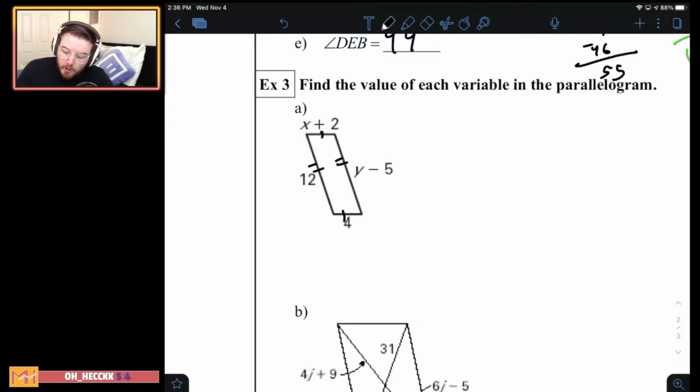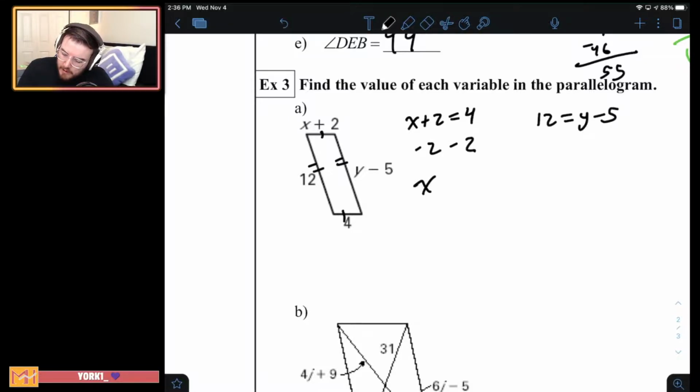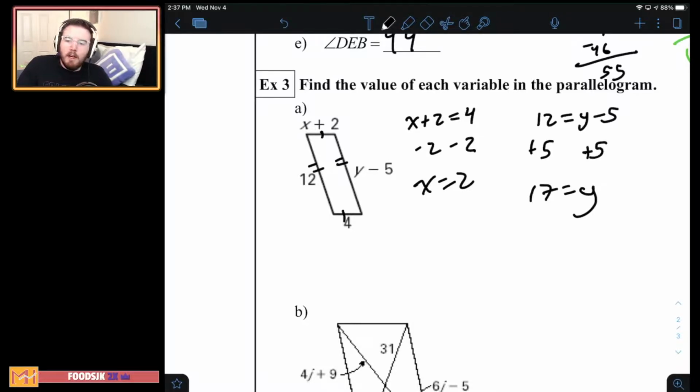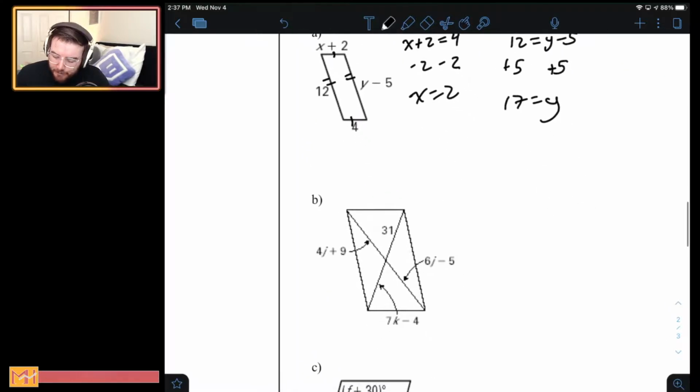Congruent meaning they're equal. So boom, set it up. Easy. I mean, come on. It doesn't get any easier.